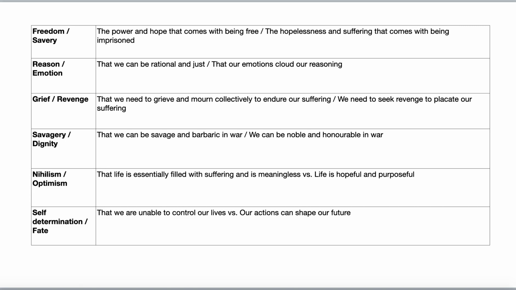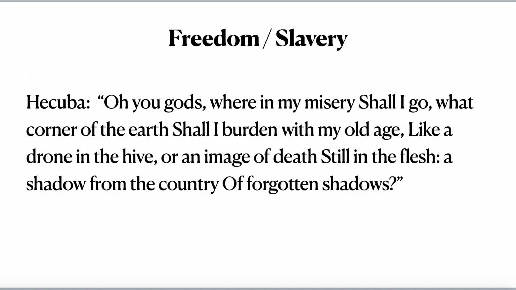Each of the other themes also has opposing aspects that are explored, and we're going to look at those in a bit more detail over the next few slides. Perhaps the most important idea throughout this whole play is freedom and slavery.